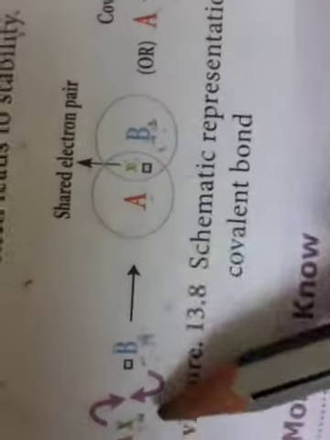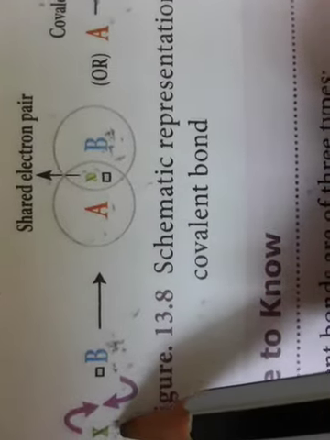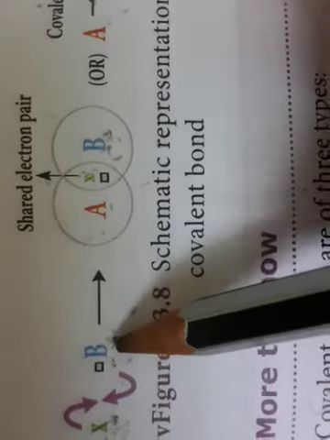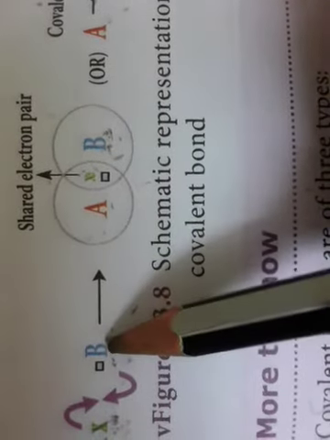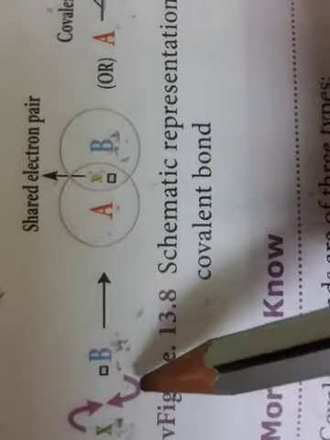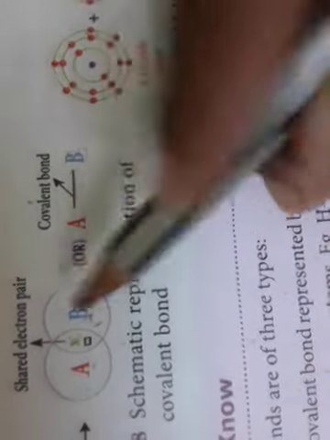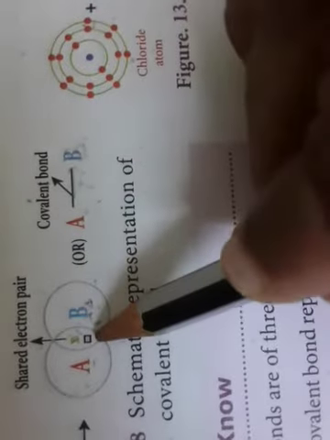When you take this A and B, the outermost orbit electron is represented as X in A, and in B it is represented as one small square. When A and B combine together to form AB, the shared pair of electrons is represented here by X and one small square.